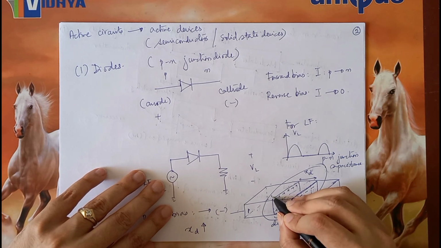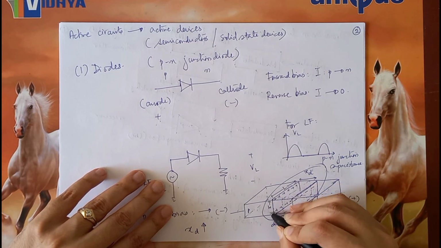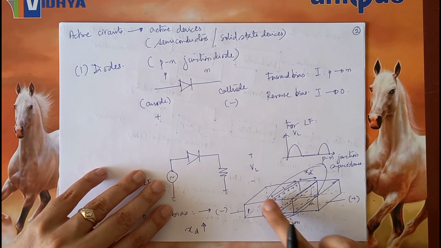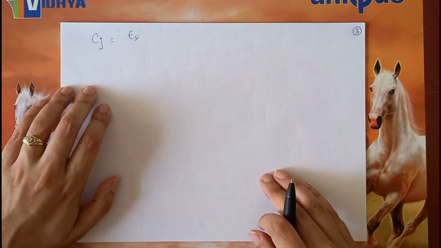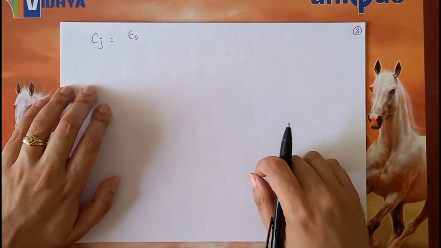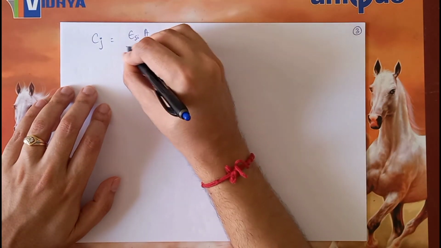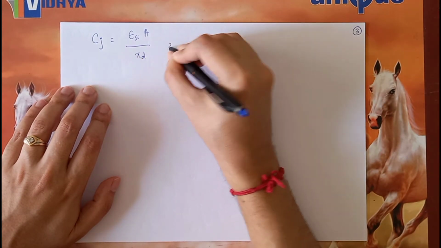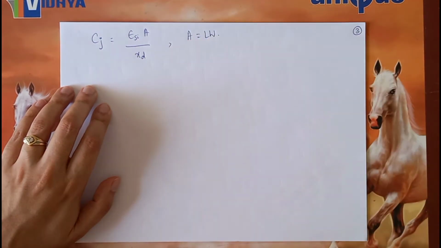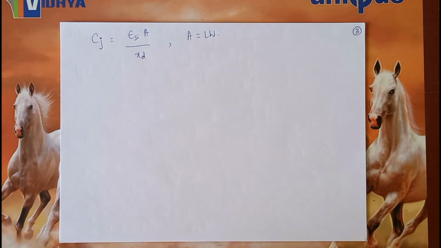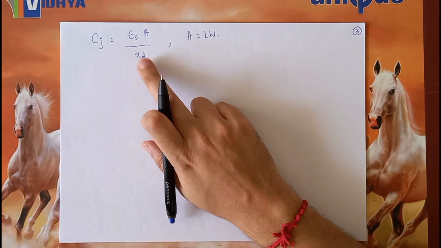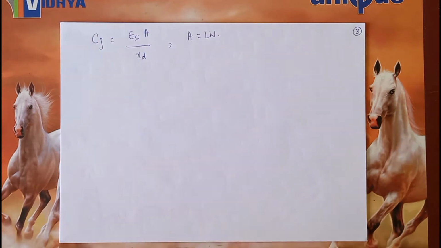So let us say that this is some L and this is some W. So the plate area is L times W. So the junction capacitance will be the epsilon of the silicon, or whatever semiconductor is being used, times the area divided by the plate separation, which is XD, and over here area is L times W. Now, obviously we can see that as the reverse bias is increased, XD increases, so therefore Cj reduces.